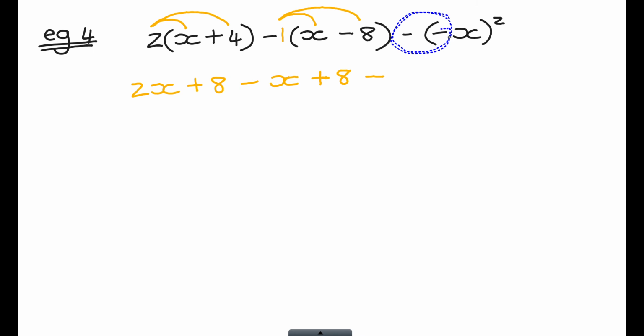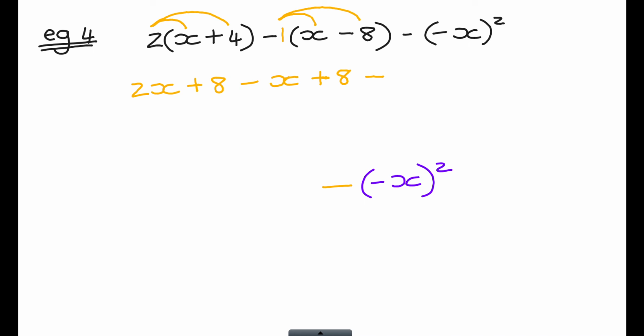Which, listen, would have been true if there wasn't that little square up there. So I first got to sort out that square. So let's just look at that. That looks like this, minus x squared. Okay, and then let's put that other negative in front of it.